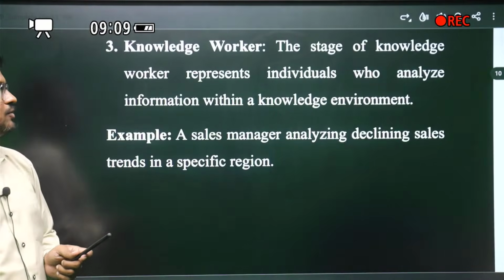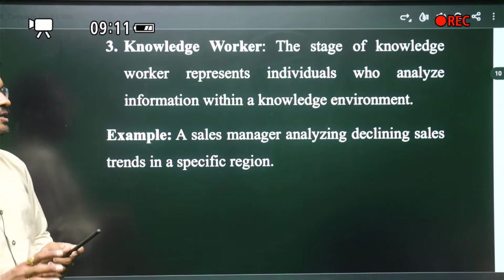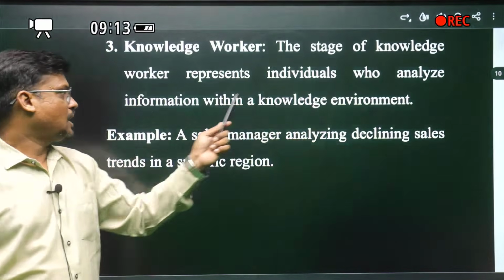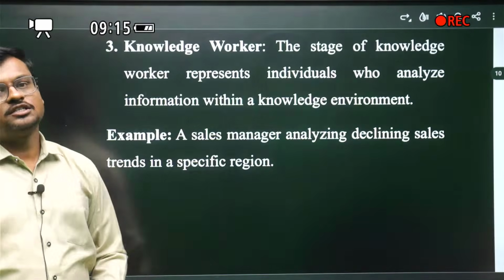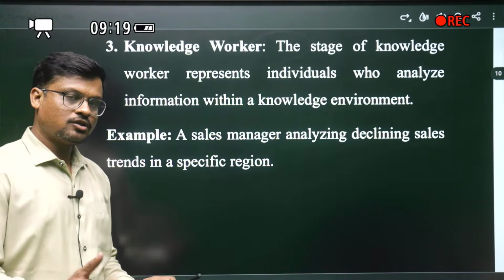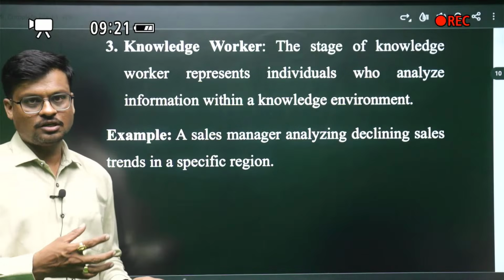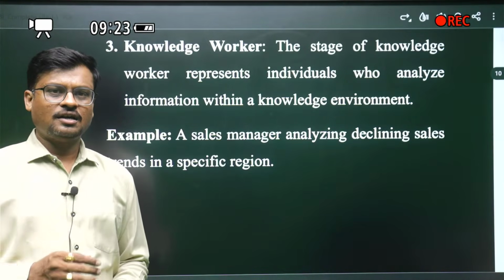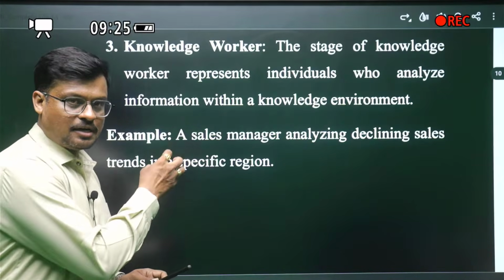The third one is the knowledge worker. Here, the individuals are responsible for analyzing the information within a knowledge environment. The basic analysis is applied here. Data transformation, handling of anomalies, and data reduction can take place here.